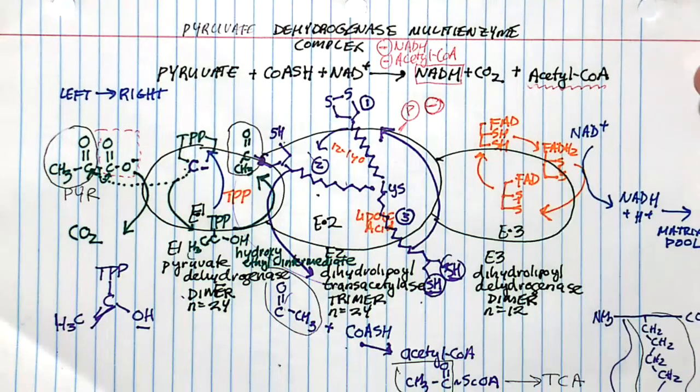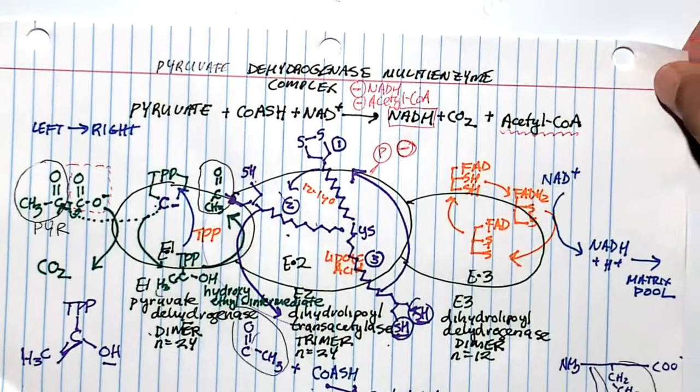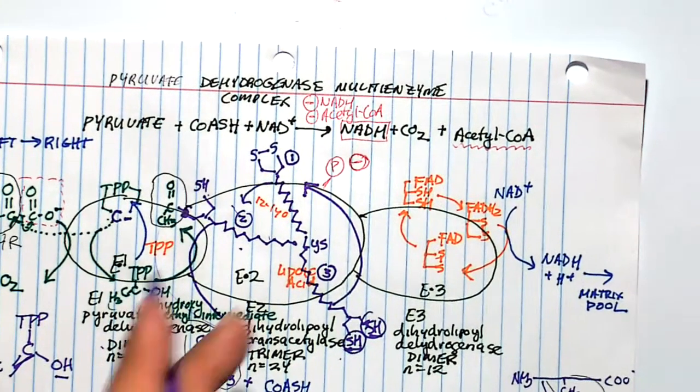A final word. PDH multienzyme complex also has an ortholog, and that ortholog is the alpha-ketoglutarate dehydrogenase complex.